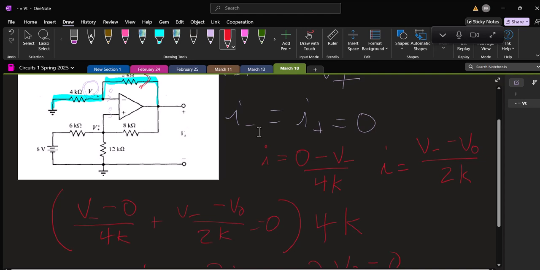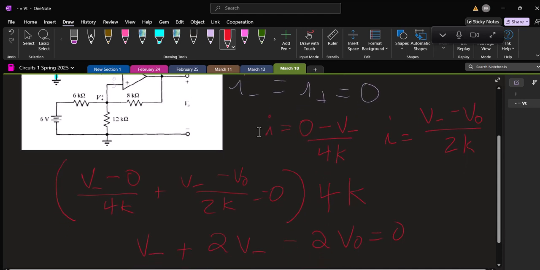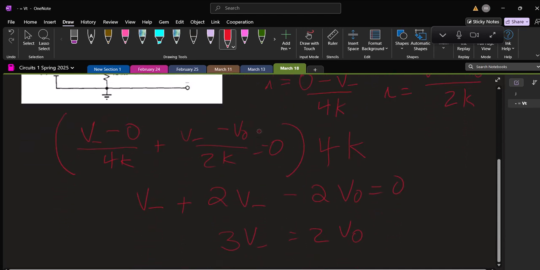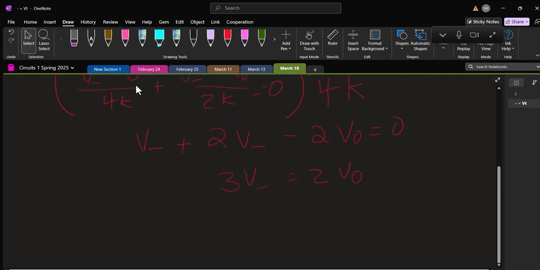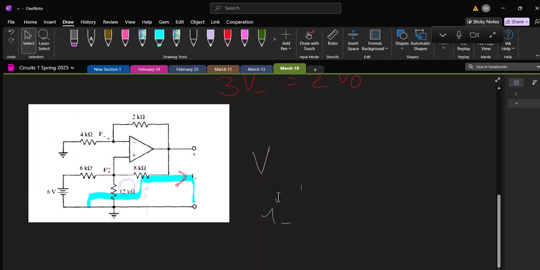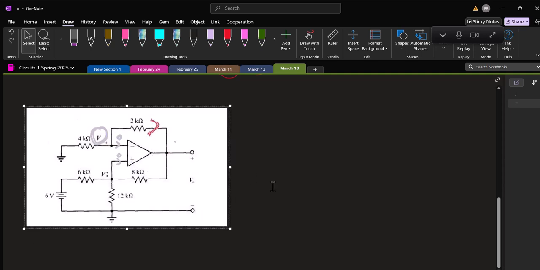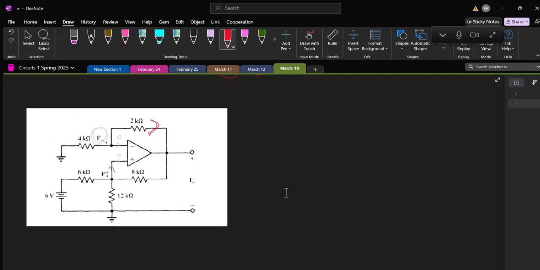So I can say that starting at V plus, I have the current going up from V plus is 0, so I can ignore that.